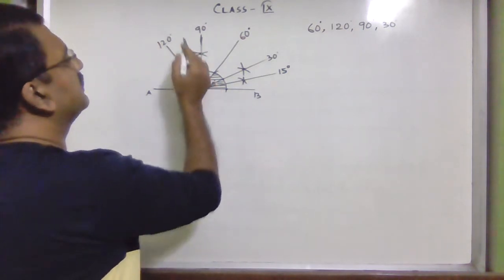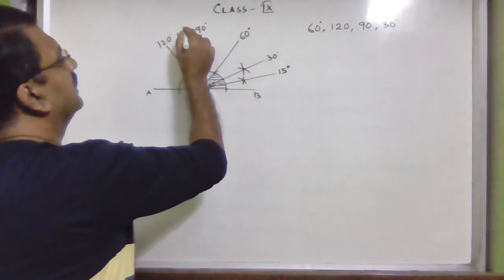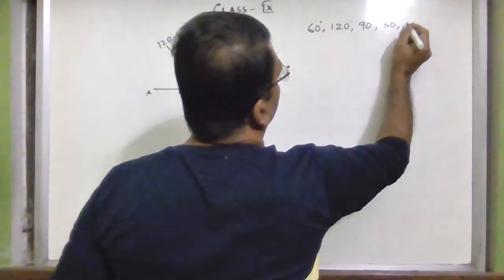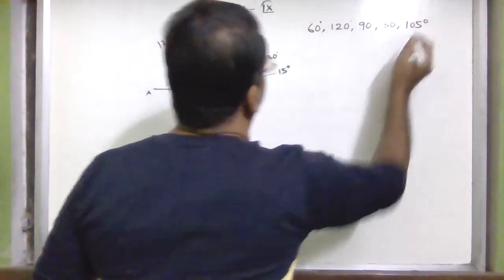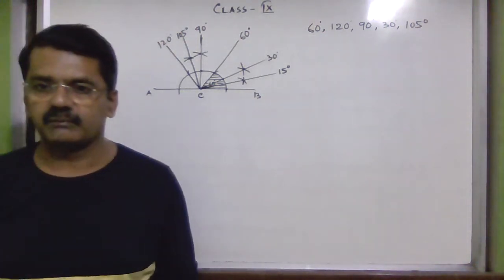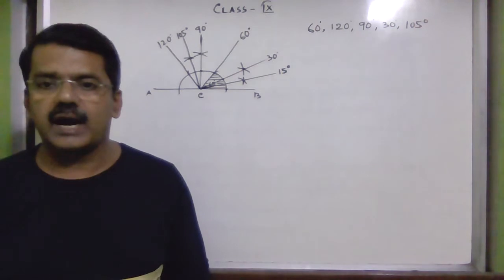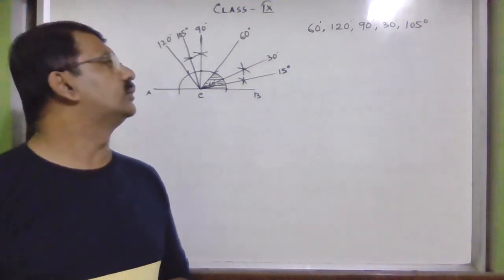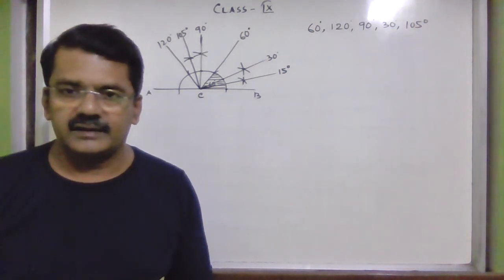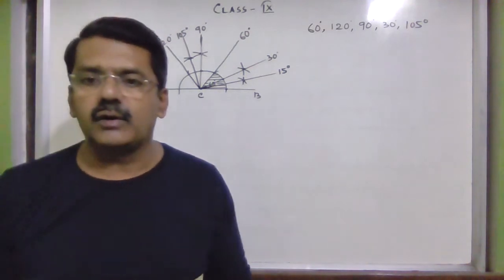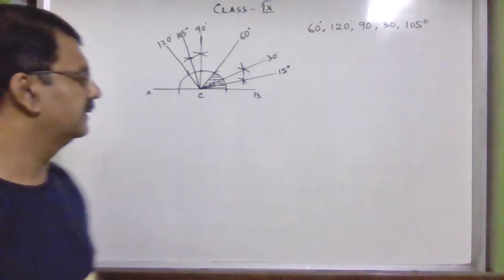So 90 plus 15, it is 105 degrees. So I told you how to construct 105 degrees also. Clear? Now in a different diagram, I'll show you how to make a 45 degree or a 135 degree angle.